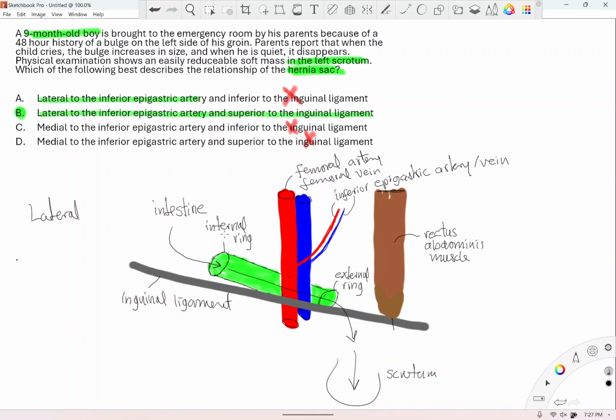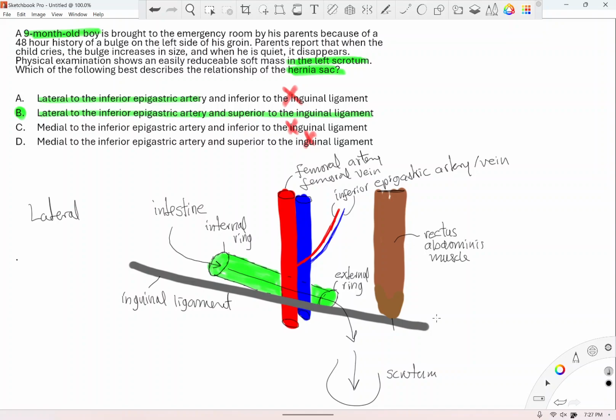And that's why that was the answer that we chose. Direct hernia occurs right here where the external ring is. Direct hernia only goes to the external ring, and sometimes it can go to the scrotum, but it goes anterior and superior to the inguinal ligament.